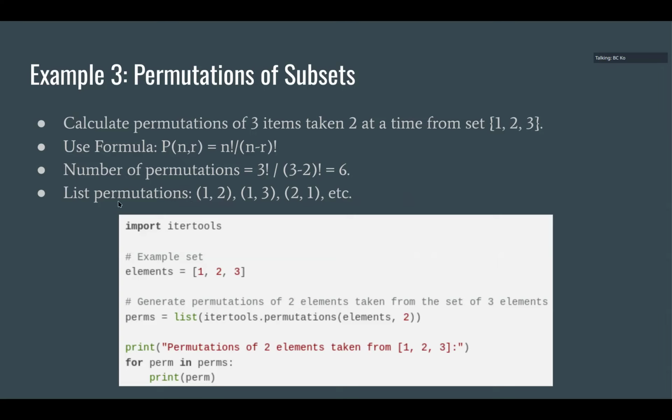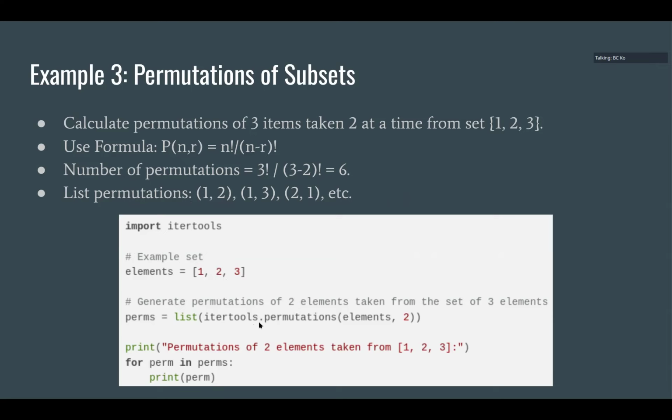If you want to do this in code, you want to import the itertools module, and you want to define a list of elements. For this example, this list of elements contains 1, 2, 3.